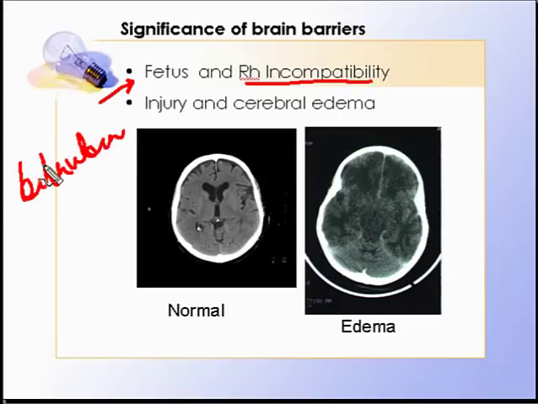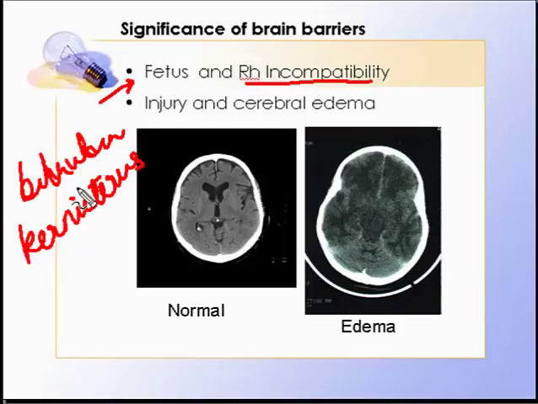This bilirubin is a large molecule, and this now can cross the fetal blood-brain barrier, and it leads to yellowing of the brain, and it deposits in very important areas, and it causes a condition which is known as kernicterus. So that's why RH incompatibility is something you want to avoid when an RH negative mother is carrying an RH positive fetus. So that's one important clinical application.